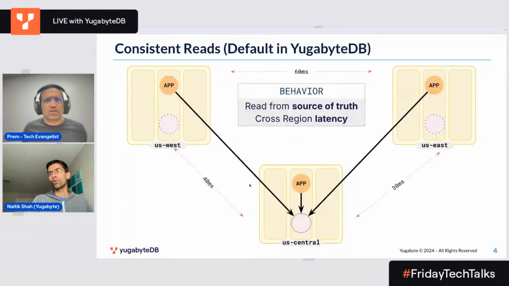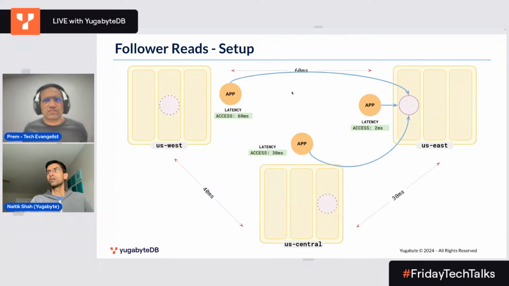All right. So how to get a lower latency in this kind of situation is what follower reads is going to help us solve. With follower reads, we could have the same exact deployment as far as the database nodes and the application deployed across the regions. We haven't set this up yet.